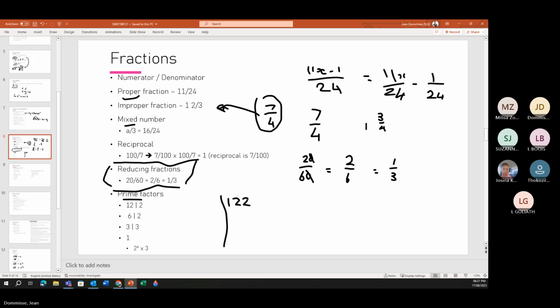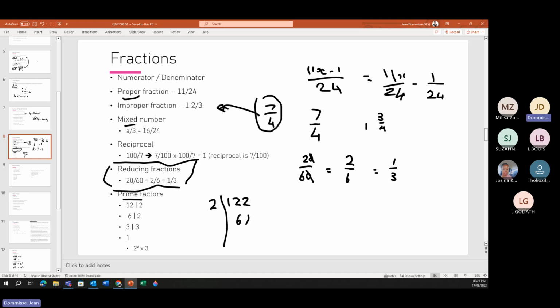You can do it in a few ways, but normally how I start is to say, okay, I can see that 2 can divide into it. So 2 goes into 2 once, 2 goes into 12 6 times. So for this one, one prime factor is 2.